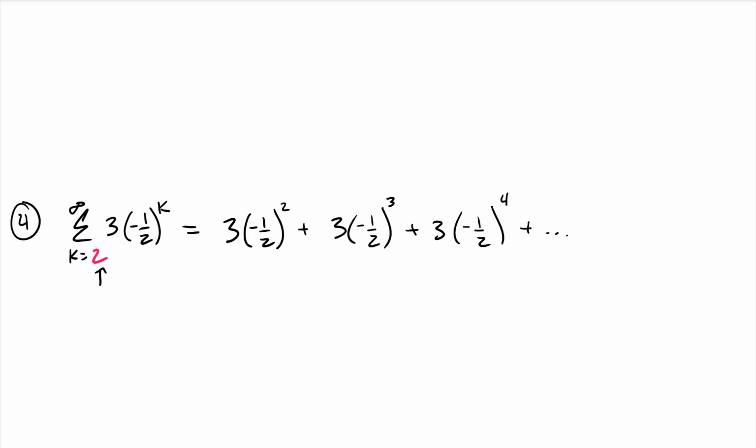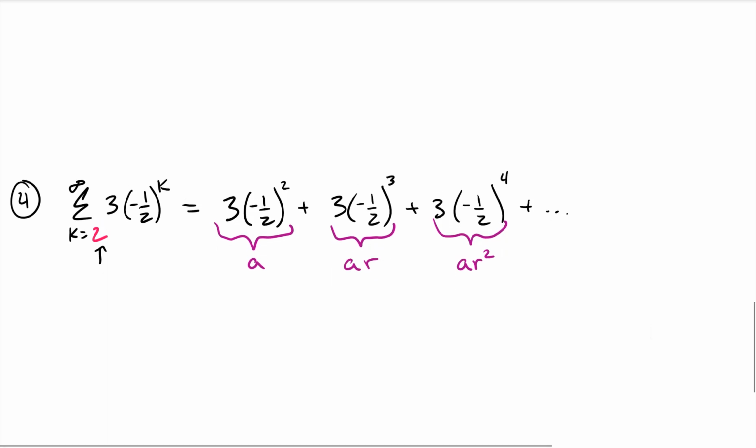Well, I want this to start out like this. I want this to look like a, a times r, a times r squared, and so forth. I wanted to set it up in the way that we've been doing this work, where all of our terms should turn out this way. So if that's a, factor it out to the front.